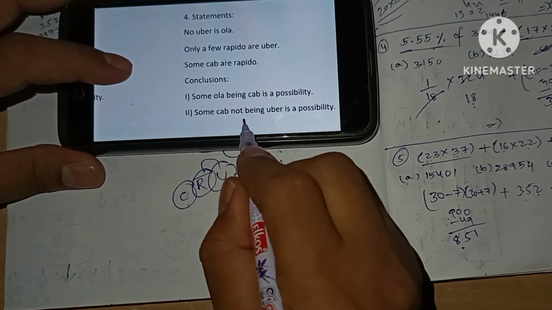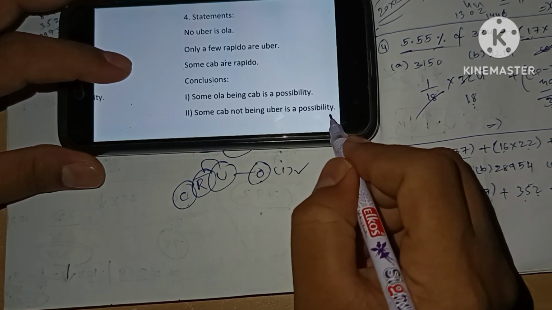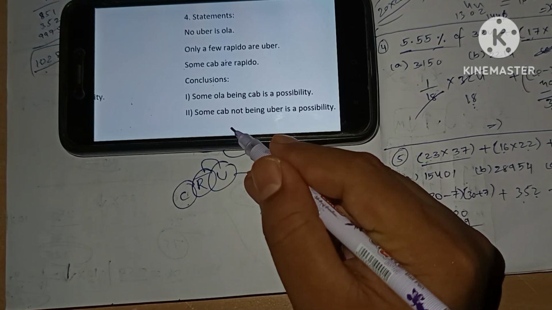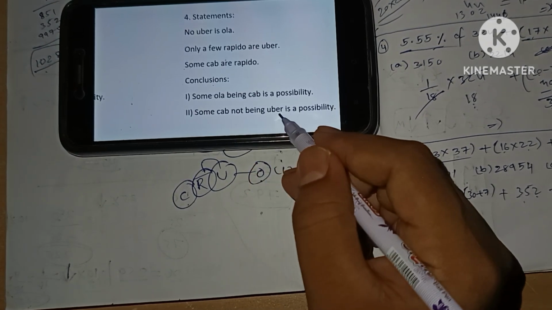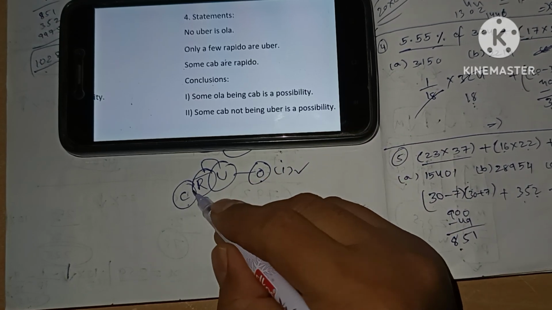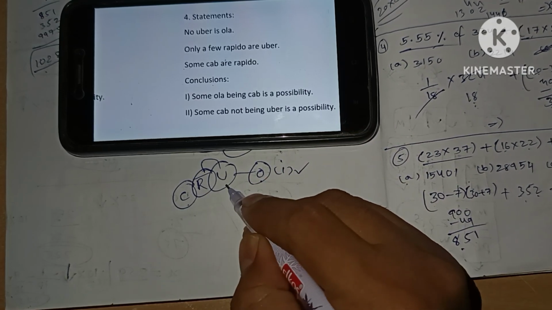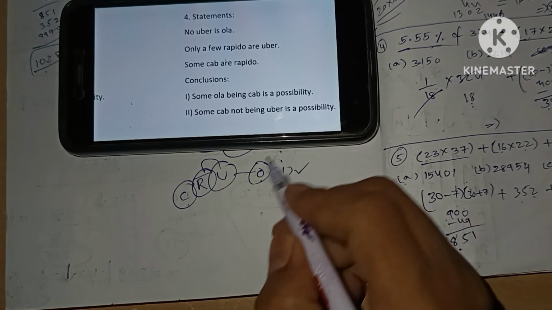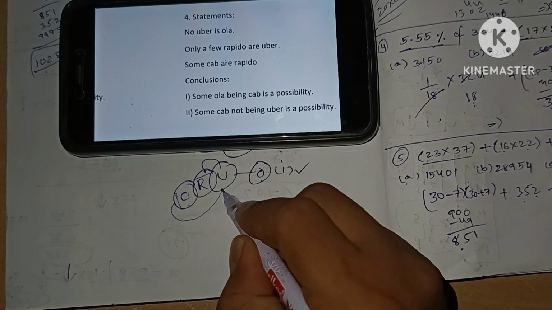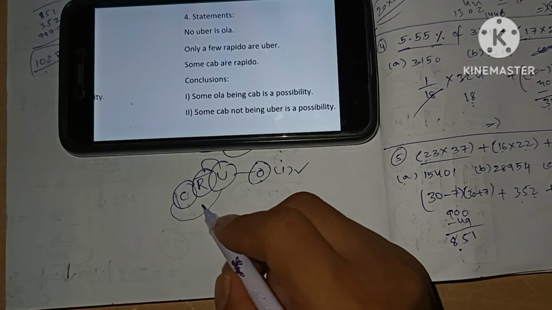Some cab not being Uber is a possibility. What it means is some part of cab cannot be Uber. Yes, we can make some part of cab not sharing with Uber. So the second conclusion is true.